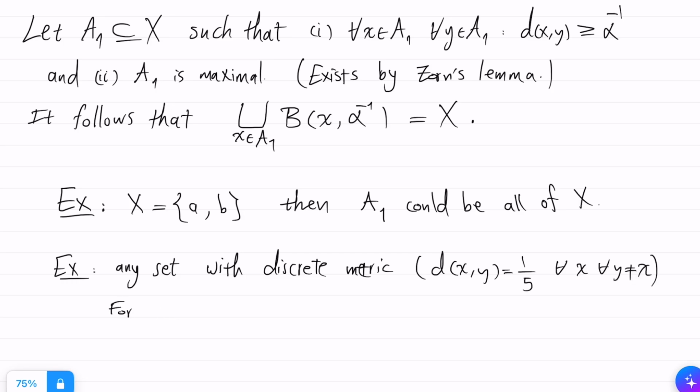For certain alpha, I don't want to do this calculation, it's pointless, A1 will be just X.